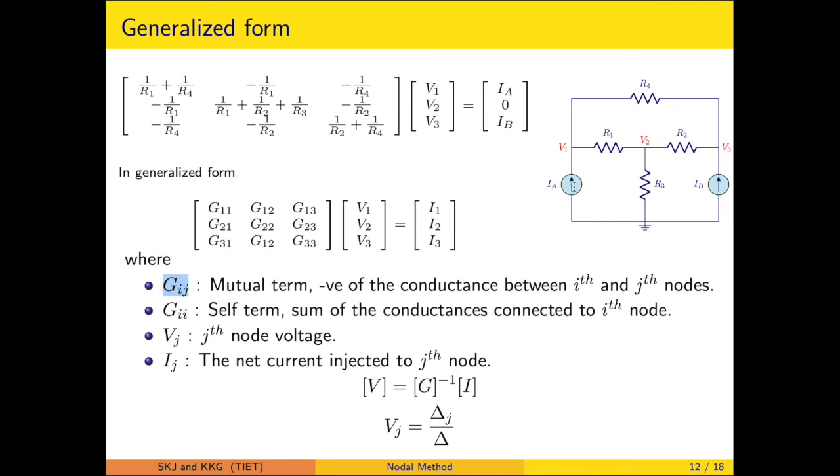So please follow, injected into the node means it is participating on the right hand side, and that's why it has a positive sign. IA. For the second one, there is no current source present, so 0. The third one has an injected current IV, so I3 will be equal to IV.